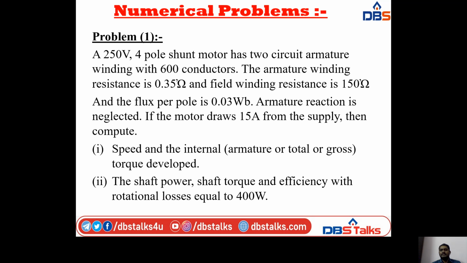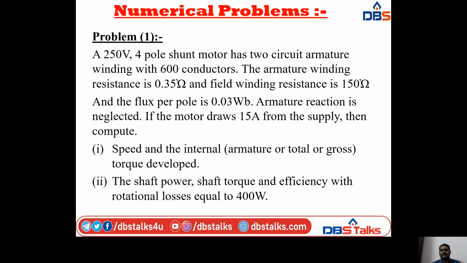The armature winding resistance is 0.35 ohms, the field winding resistance is 150 ohms, and the flux per pole is 0.03 webers. The armature reaction is neglected. If the motor draws 15 amperes from the supply, then compute the speed and internal torque developed. Internal torque is nothing but the armature torque, total torque or gross torque.